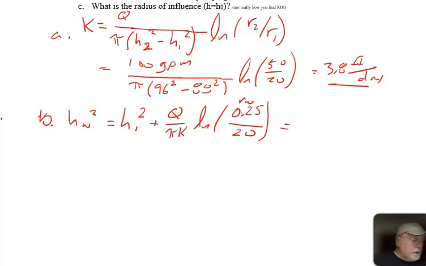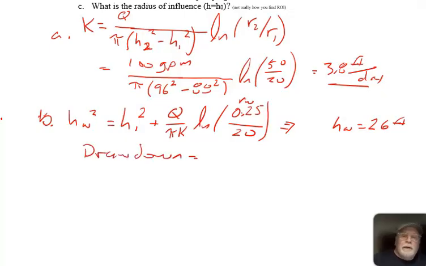And that goes to, unsquare, H well equals 26 feet, if I did that right. So we get H well squared, and then we unsquare that. I think it comes up to 25 feet, so the 26 feet.